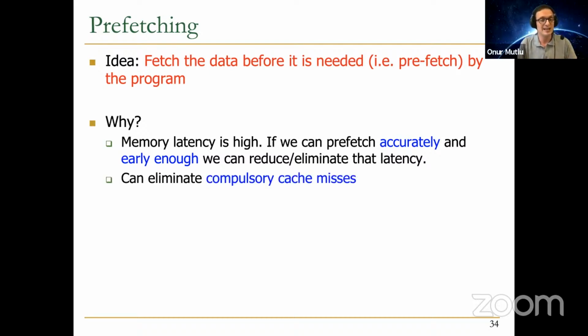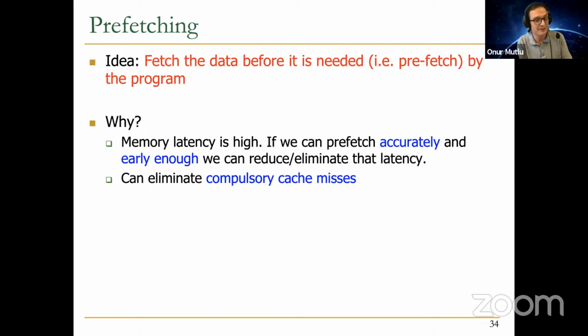Okay, so the huge advantage in prefetching is it can eliminate compulsory cache misses. Basically, the program may have never touched the data, and this is the huge difference between caching and prefetching. Certainly, prefetching is proactive. Caching is reactive, right? The basic idea of caching is after you reference a memory location, you keep it close by the processor.